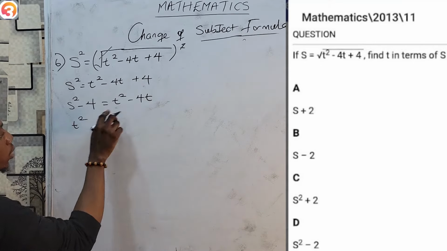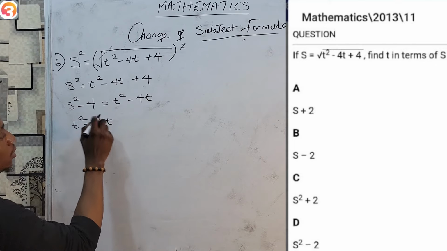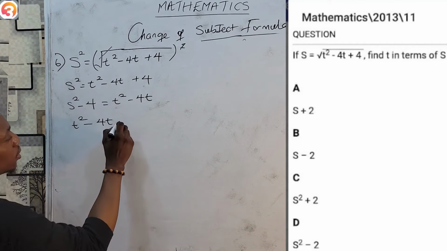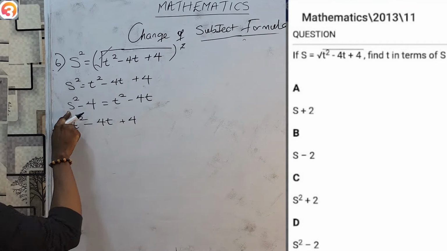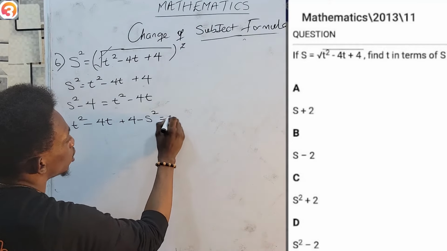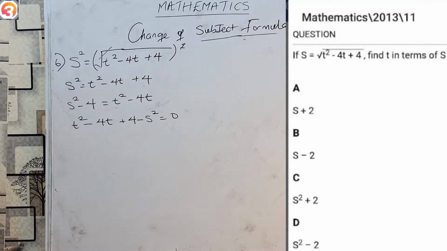So that simply means that I'm going to need to look at a quadratic equation. I'll be having t squared minus 4t. Then bringing everything here to the right, minus 4 comes first, plus 4 plus s squared comes minus s squared equals 0. So once I have this, what can I simply do?